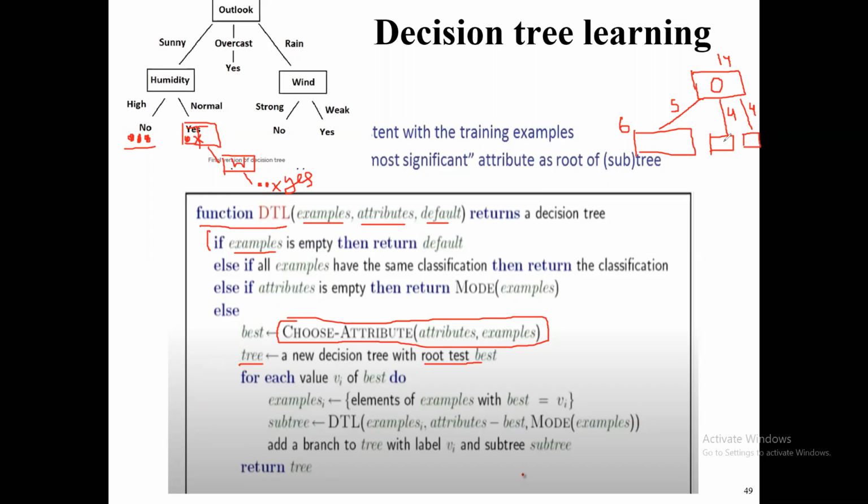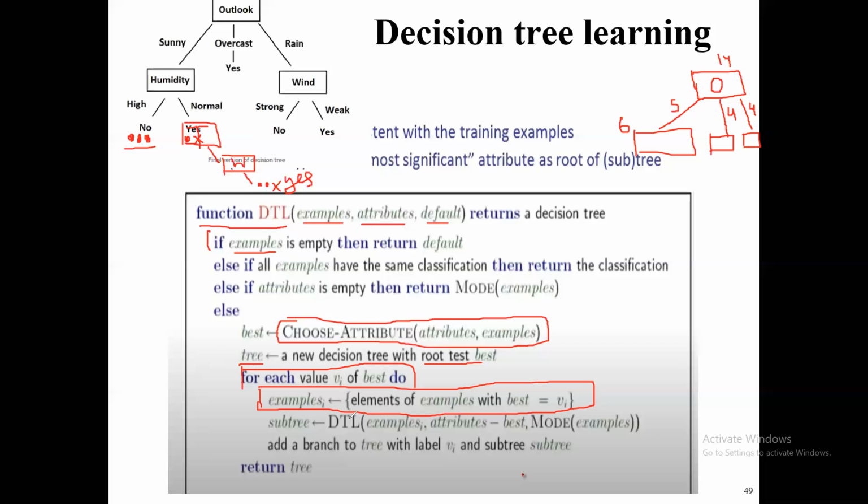So this is just hypothetical, I'm saying hypothetically. I'm not referring to the training set that we used before. Okay, so what we do in this step is just transfer the examples to the corresponding branches accordingly. And this is done for each value, that is sunny, overcast, and rain.